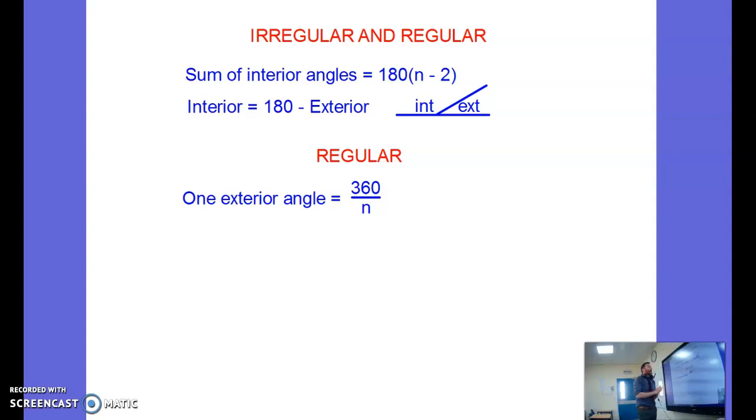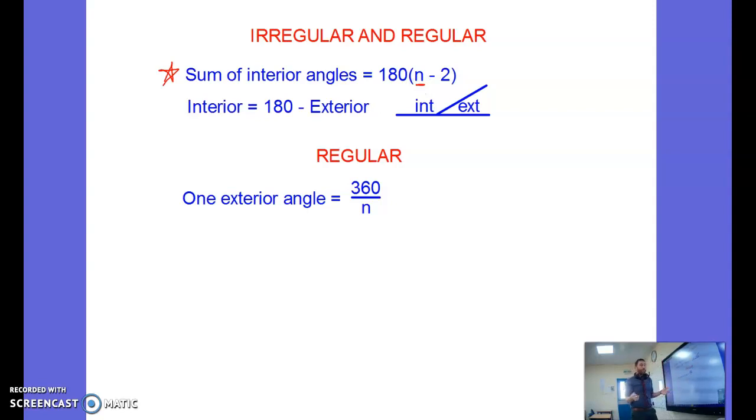So, we need some formulas for irregular and regular polygons. There are sort of three real key formulas that we need to remember. One is that the sum of the interior angles is 180 multiplied by the number of sides minus 2.